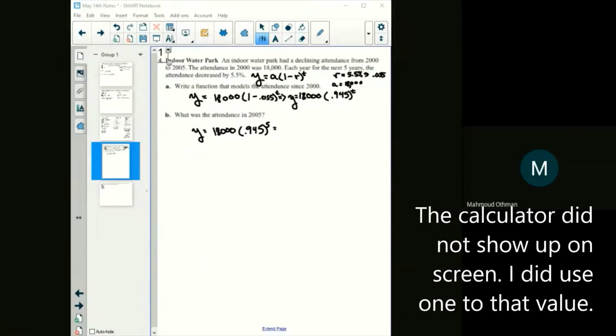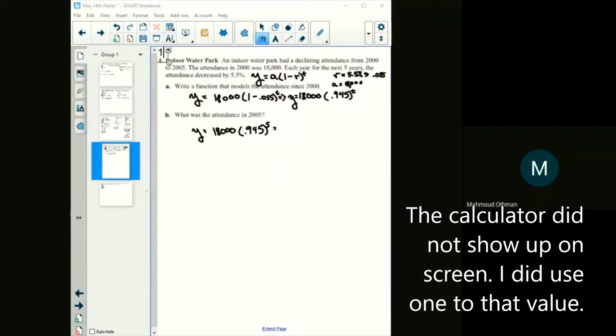And then we get 13,565.367, or 13,565 and 367 thousandths of a person.